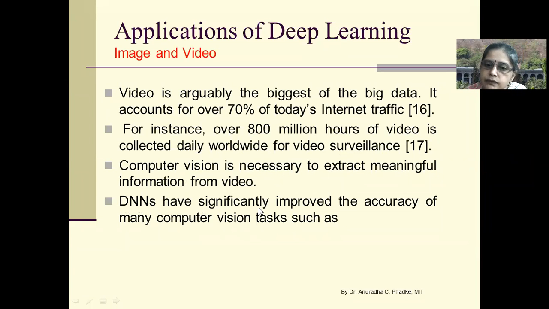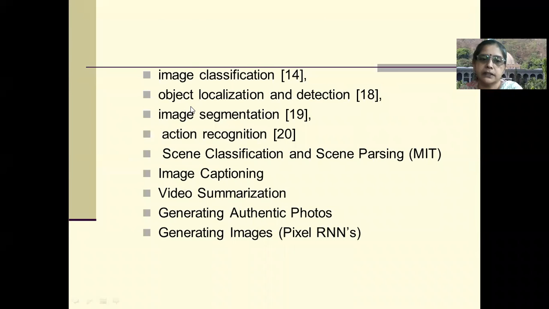And DNNs have significantly improved the accuracy of many computer vision tasks. These tasks include image classification, object localization and detection, image segmentation, then action recognition or anomaly detection, then scene classification and scene parsing, image captioning, video summarization, then generating authentic photos.